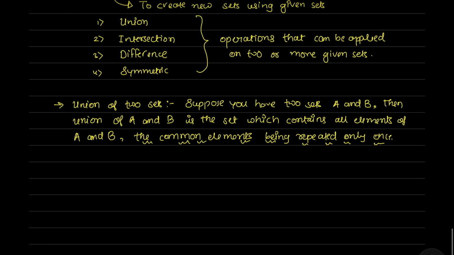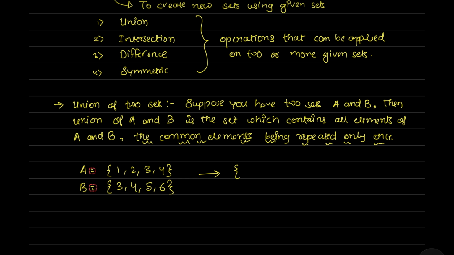Okay, let us understand this using an example. Suppose your set A is 1, 2, 3, 4, and my set B is 3, 4, 5, 6. Now, as per the definition, the union of these two sets will contain all the elements of sets A and B with the duplicates or the common elements being repeated only once.